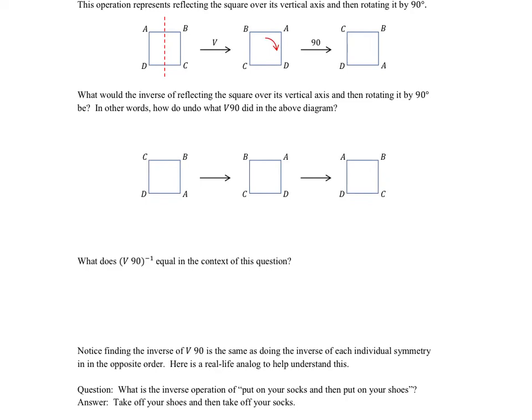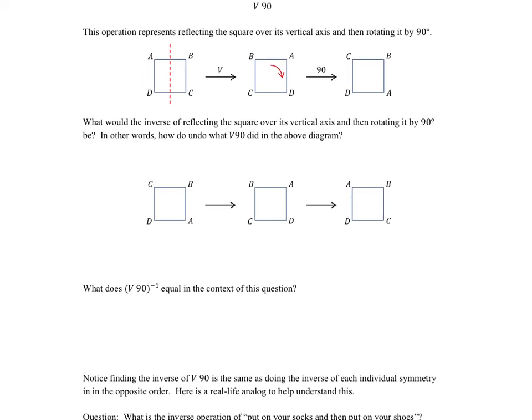Okay, and we can also think about undoing multiple motions of our square. So we could think about how do we undo a V and a 90? Or in terms of our mathematical language, what does the inverse of V then do 90 equal?